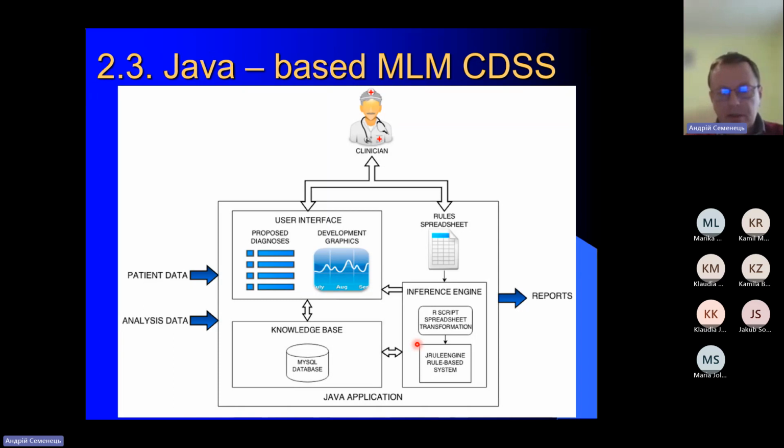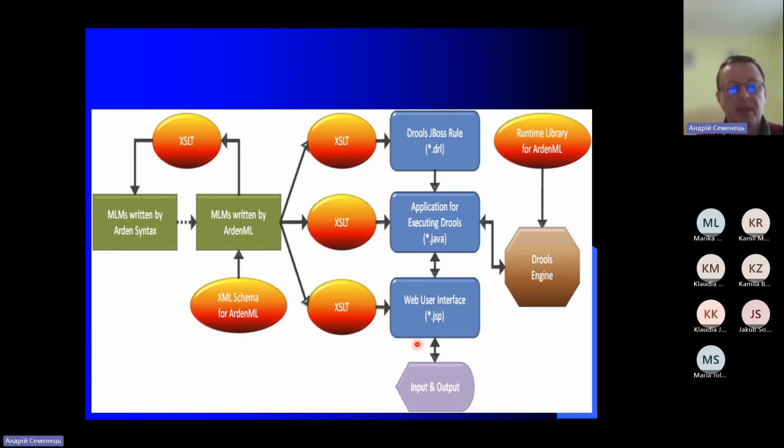So, here is an example of what a medical logic model could consist of. It's actually a black box designed to take some input of patient data or analysis data and generate some kind of report.